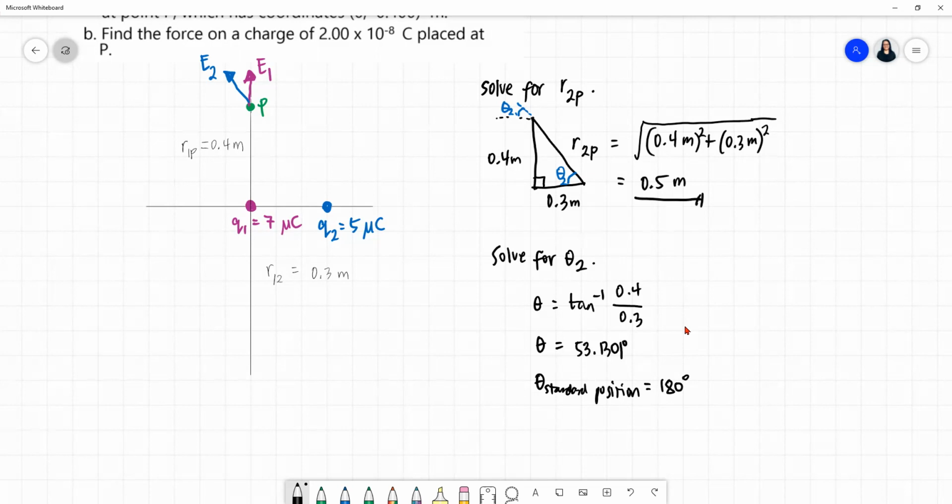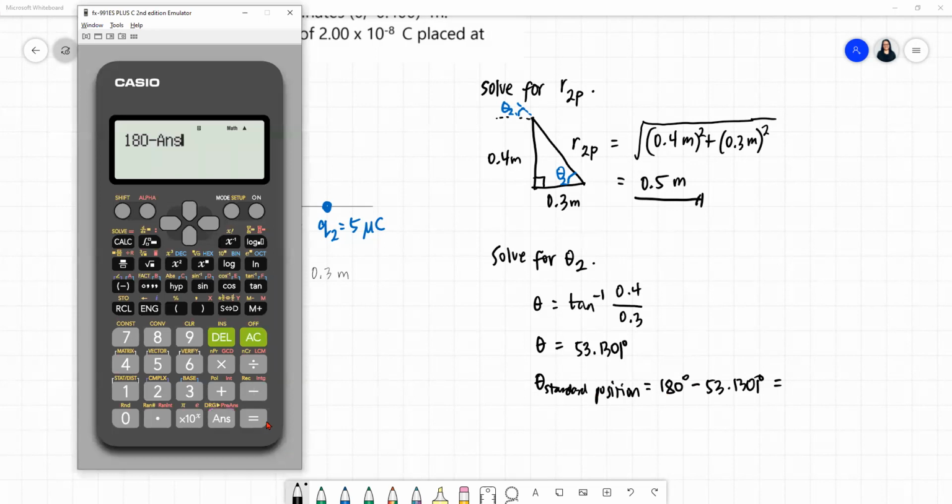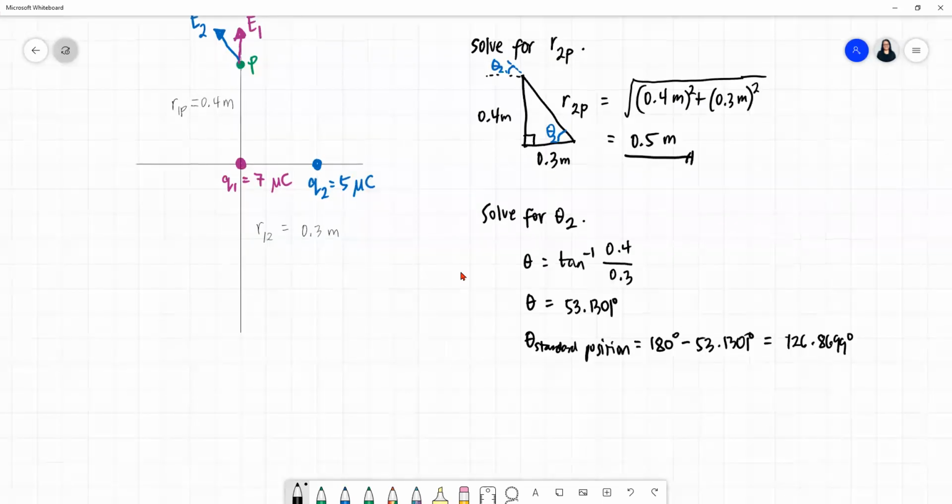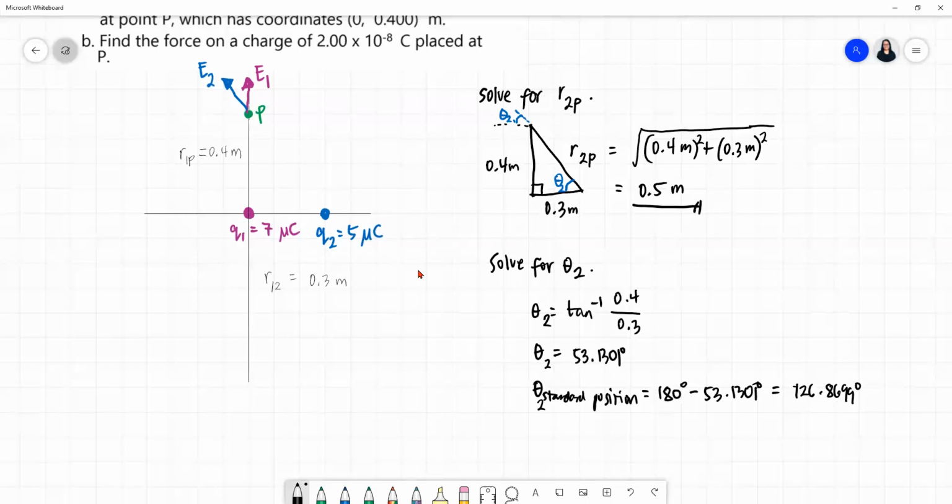So it must be 180 minus 53.1301 degrees, or that would be equal to 126.8699 degrees. Okay, this is again the angle for E2, right?